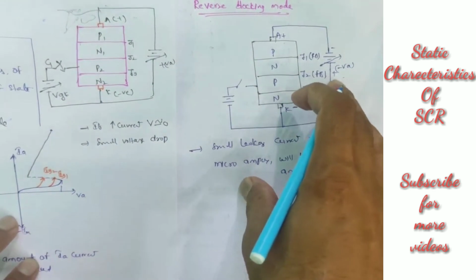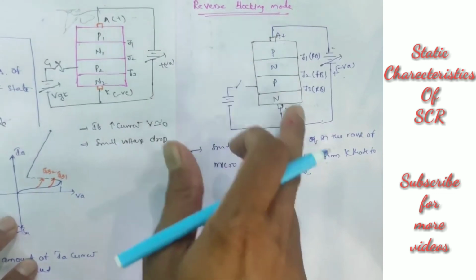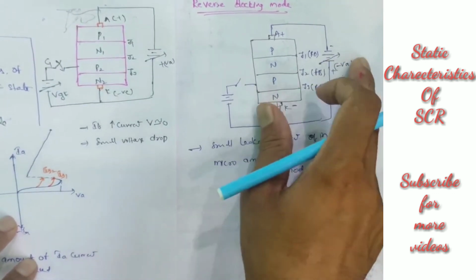The circuit is in reverse bias, so VA is negative.